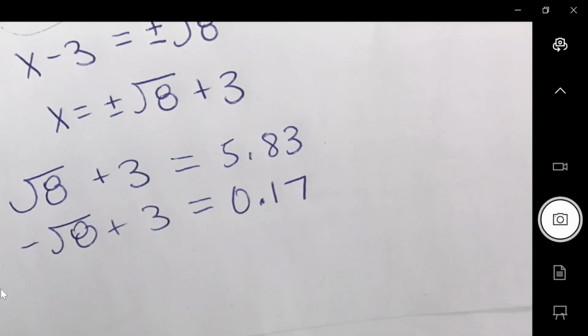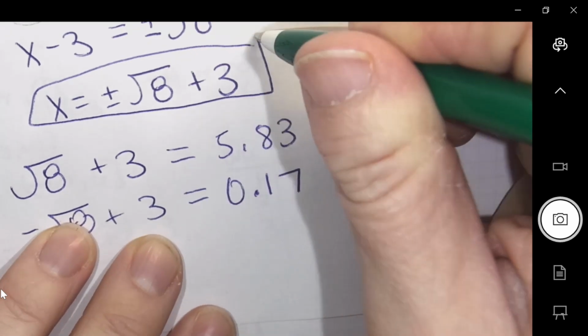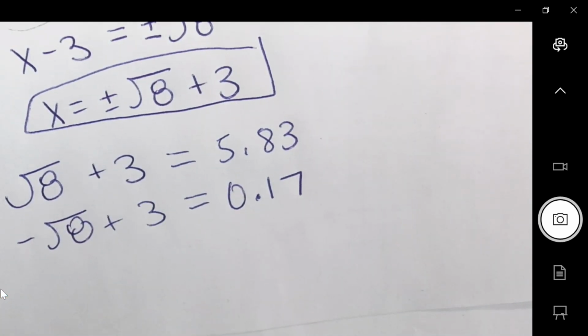But can we leave it as the other way you had it, or do you want decimal? Yes, as an answer, I want this. But we're going to check our answer, and we're going to use the quadratic formula to check our answer.